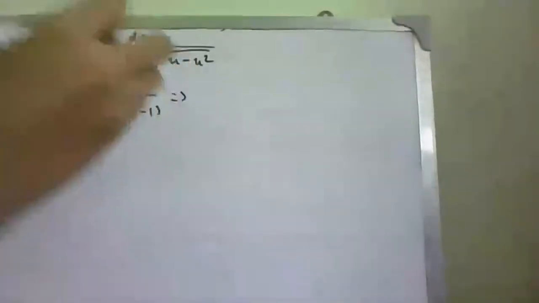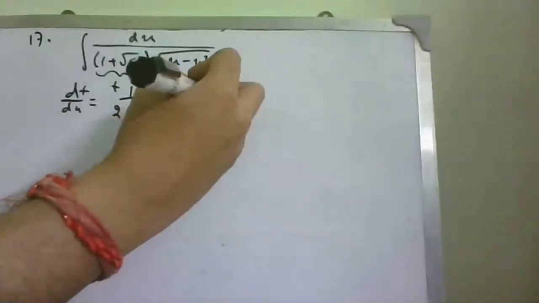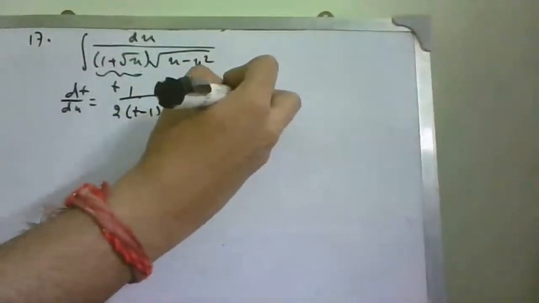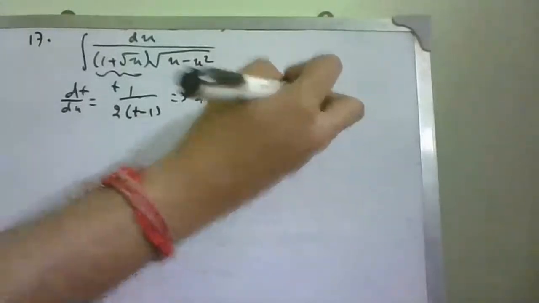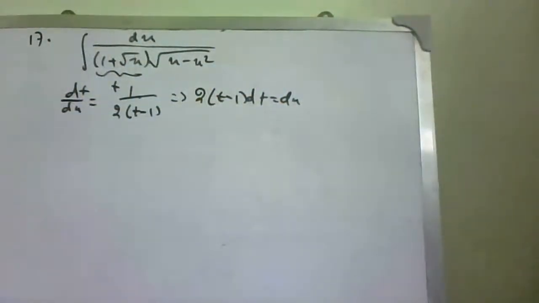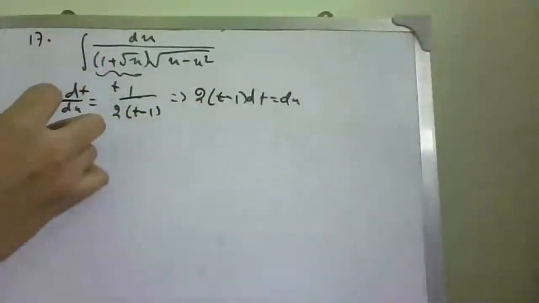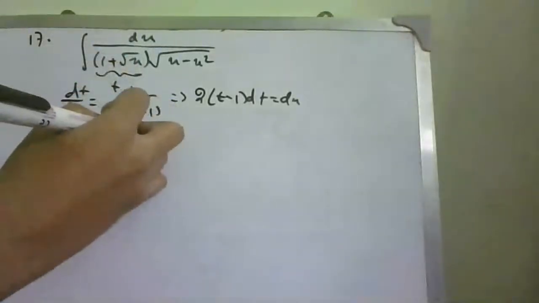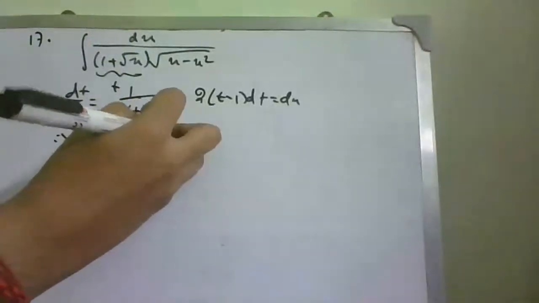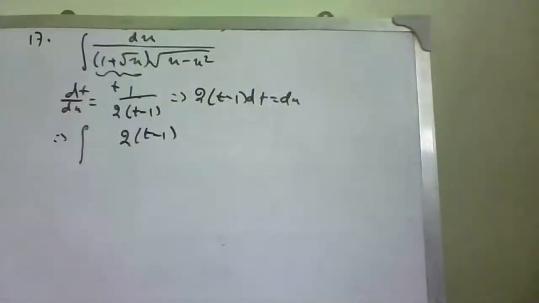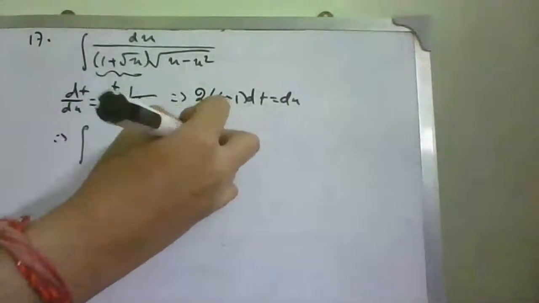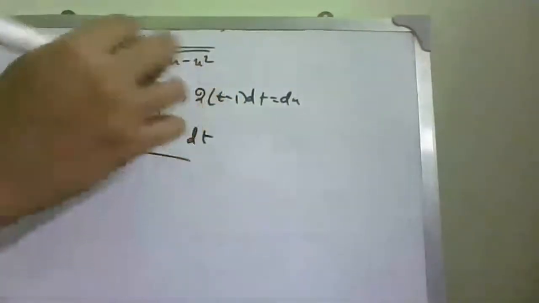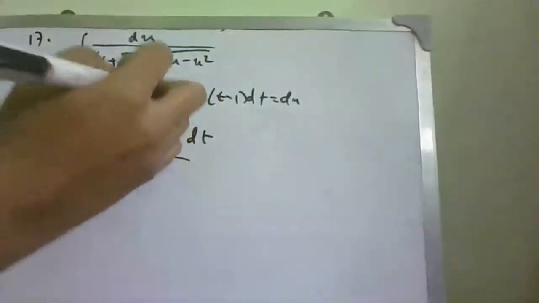So 2 times t minus 1 dt is dx. Okay, so let's just plug this in. It's 2 times t minus 1, 2 times t minus 1 dt over t. This is entirely t.